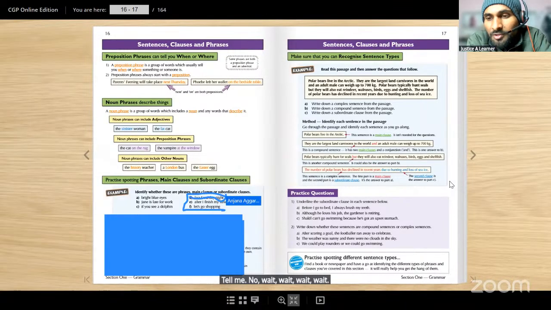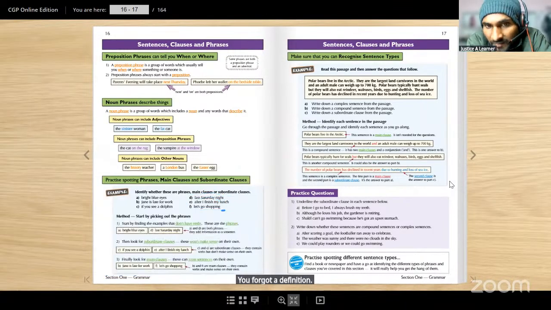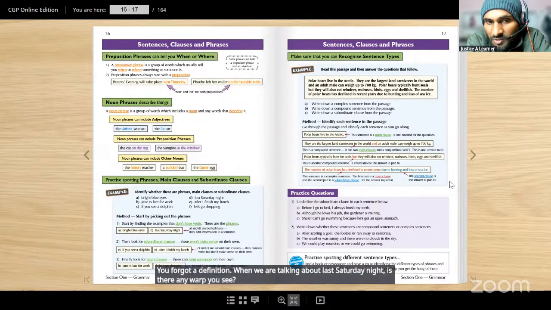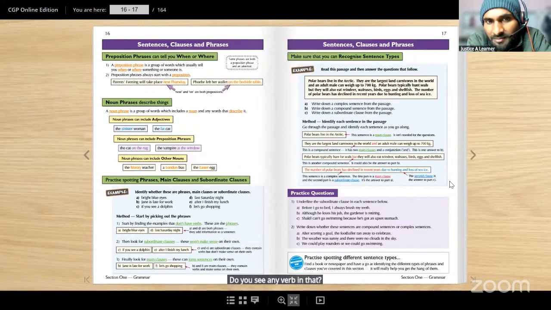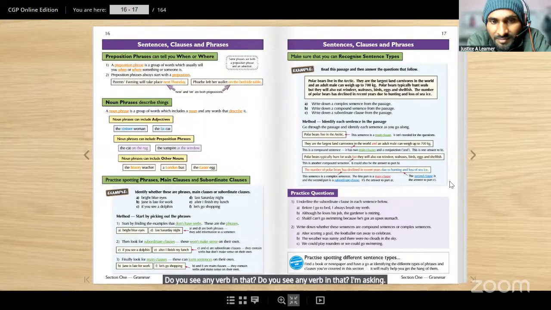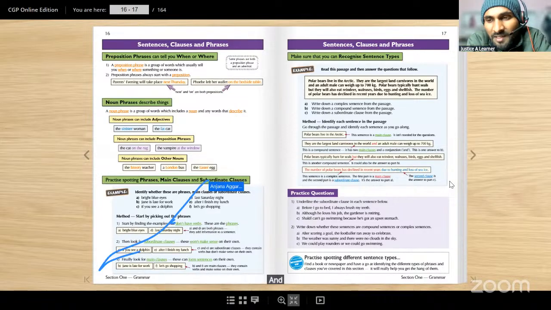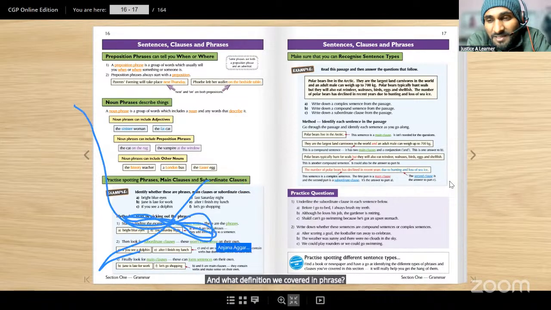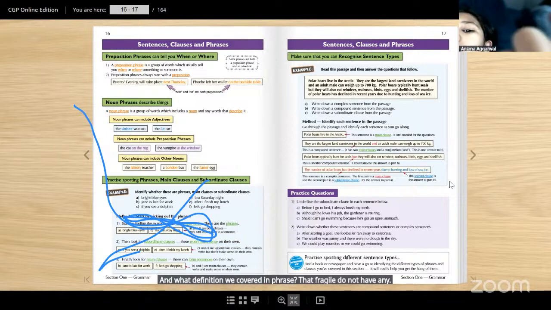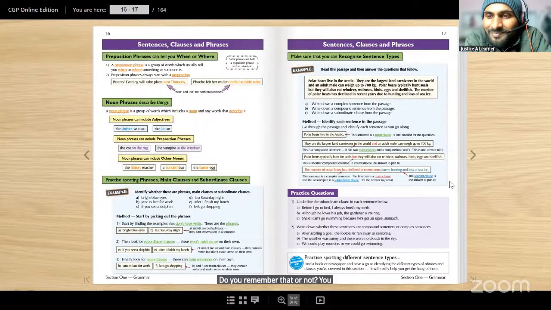Wait, you forgot a definition. When we are talking about last Saturday night, do you see any verb in that? I'm asking. No. And what definition did we cover in phrase? That phrases do not have any verb. Do you remember that or not? You forgot.